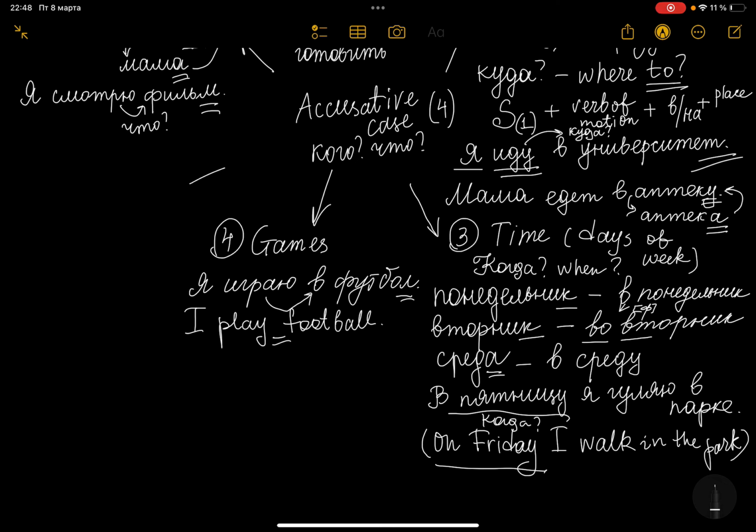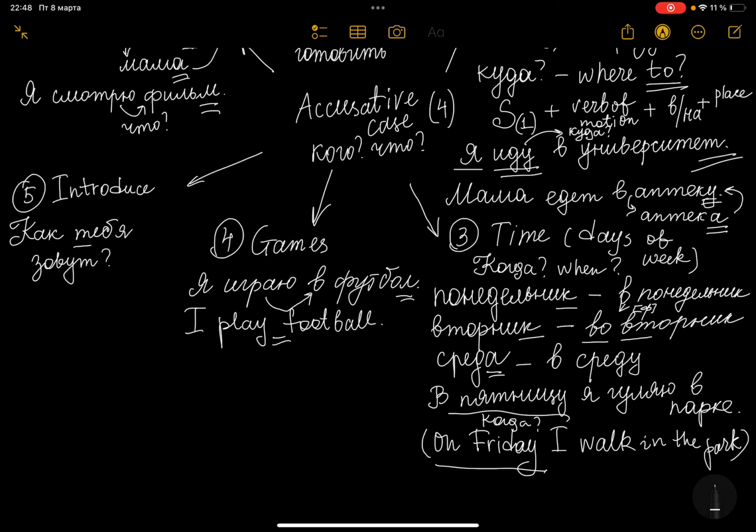And one more additional thing. We use accusative case when we introduce someone or ourselves. And in the question, what is your name? Как тебя зовут?